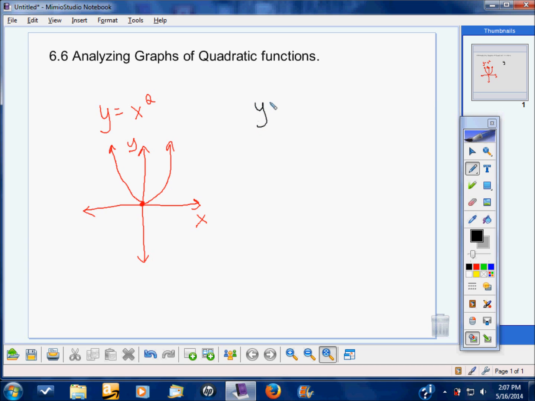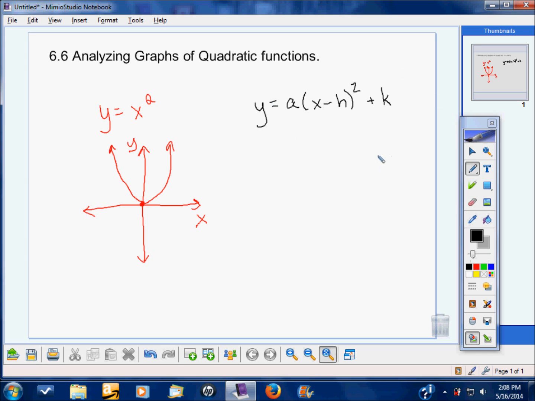We have a basic form for a quadratic function. All quadratic equations can be written in this form.